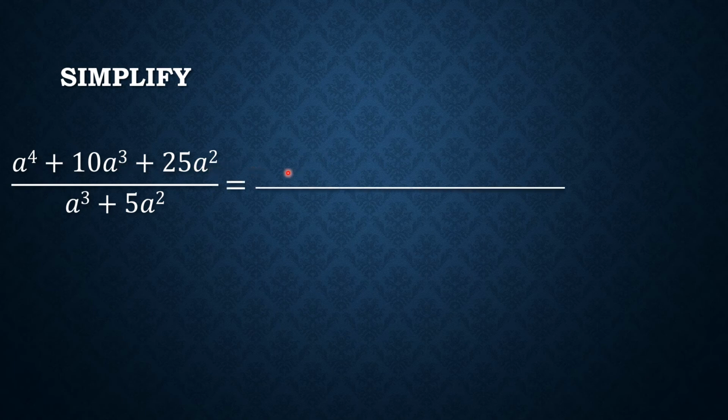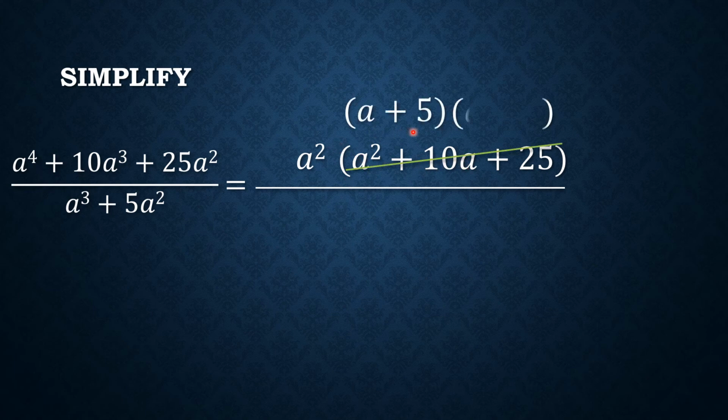In the numerator, if we take a squared, since this is the GCF, we will still have a squared plus 10a plus 25. However, a squared plus 10a plus 25 can still be factored. This is a perfect square trinomial, kaya pa to eh. Factor pa natin ito na a plus 5 times a plus 5.